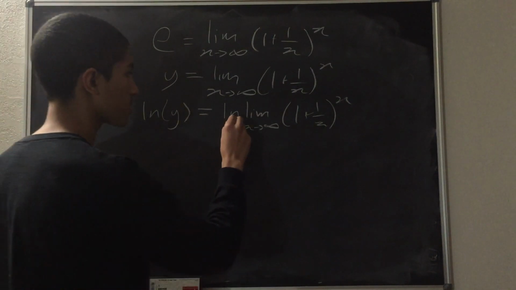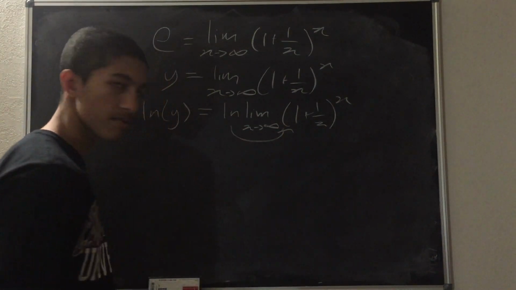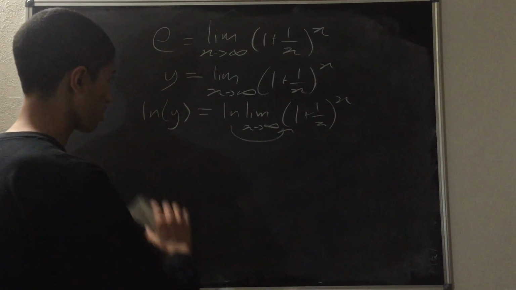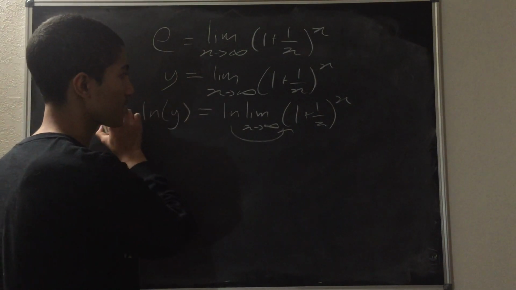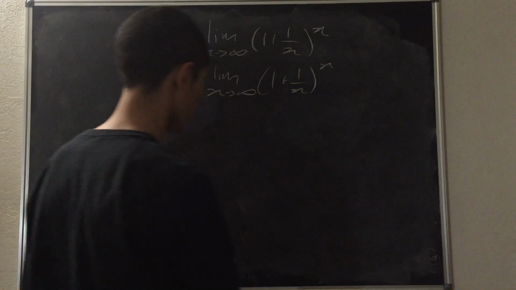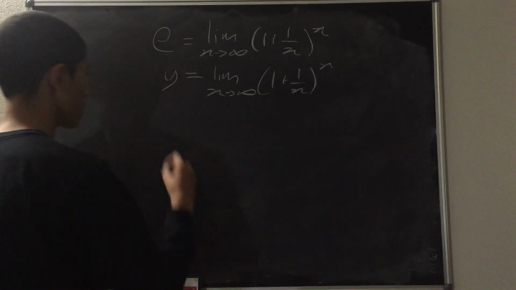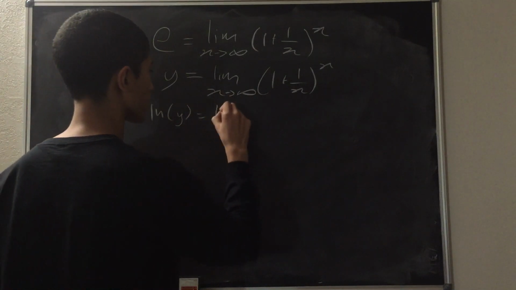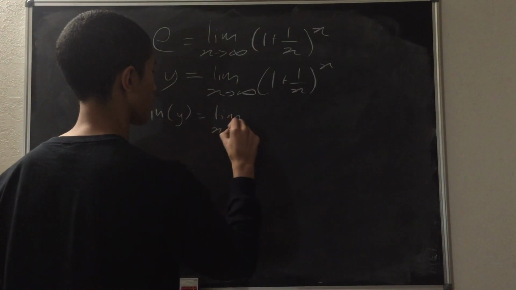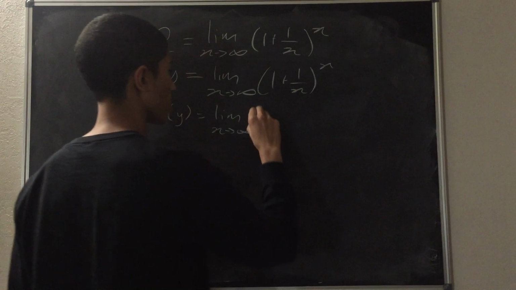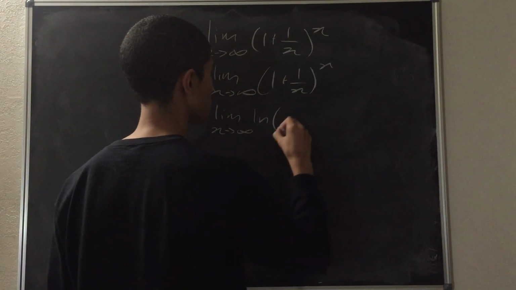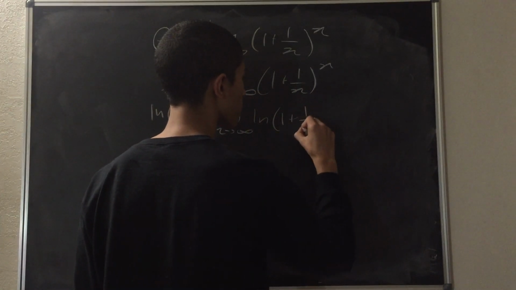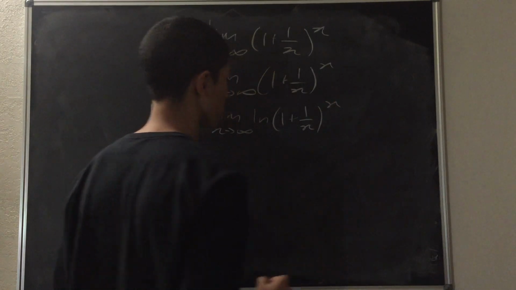And I can now pull this ln inside of the limit, and I'm going to rewrite this with the natural log inside of the limit, and I get natural log of y is equal to the limit x tending to infinity of the natural log of (1 plus 1 divided by x) whole to the power of x.